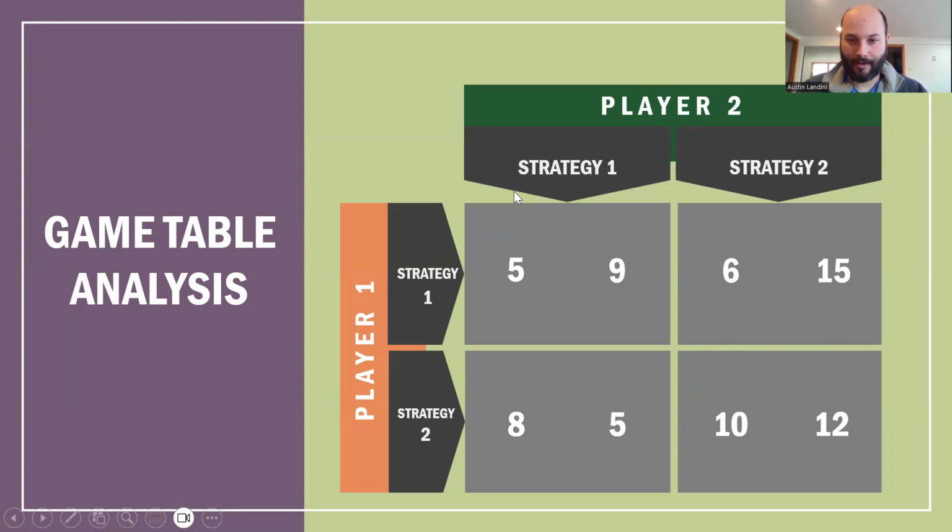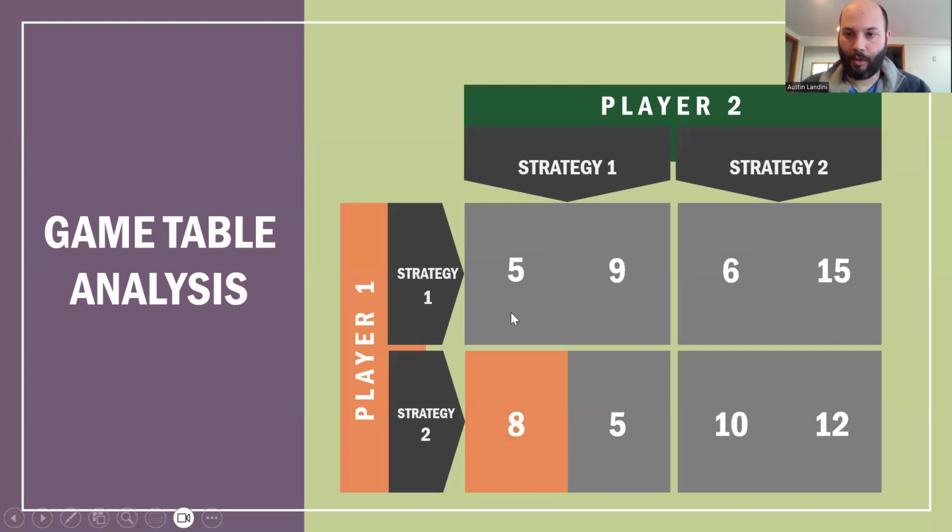If player 1 knows that player 2 is picking strategy 1, then they would get 5 for also picking strategy 1, and player 1 would get 8 for picking strategy 2. So conditional on player 2 picking strategy 1, what is better for player 1? It's better to pick strategy 2 because 8 is more than 5.